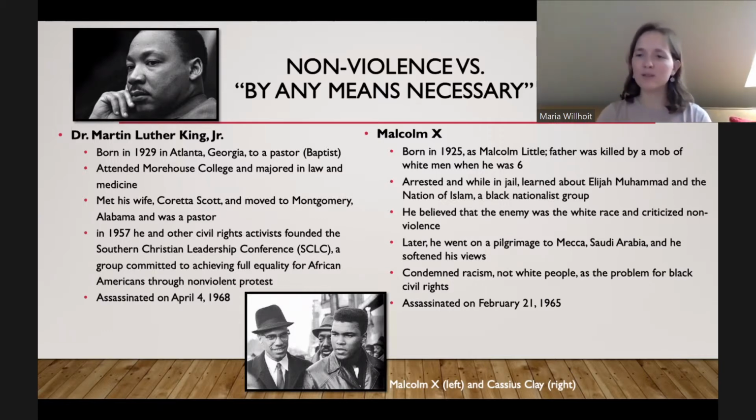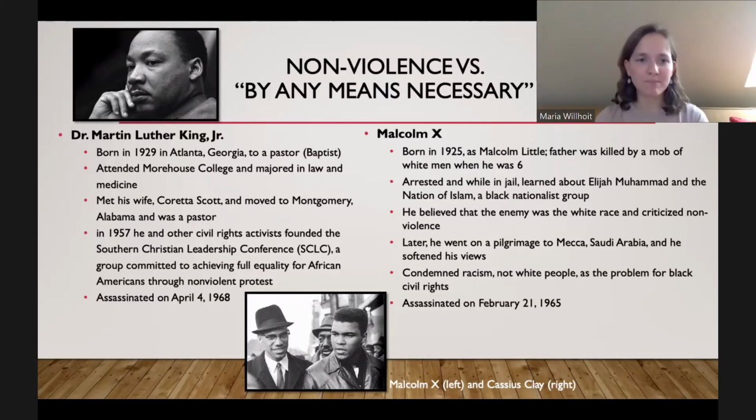But when Malcolm X was 6, he watched his father be killed by a mob of white men. So that has a very influential image and experience on his life. Whereas Martin Luther King, he's born to a pastor, so he gets to hear sermons and he gets to hear a lot about Jesus and nonviolence. So they have a different influence, different upbringing.